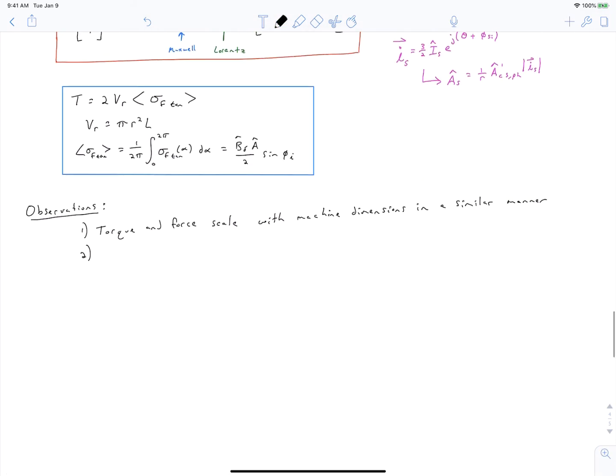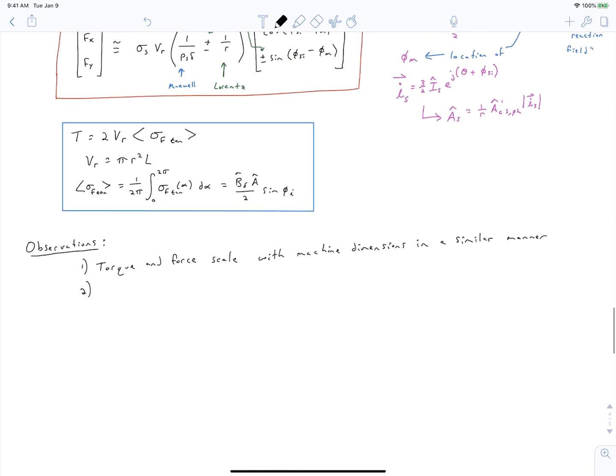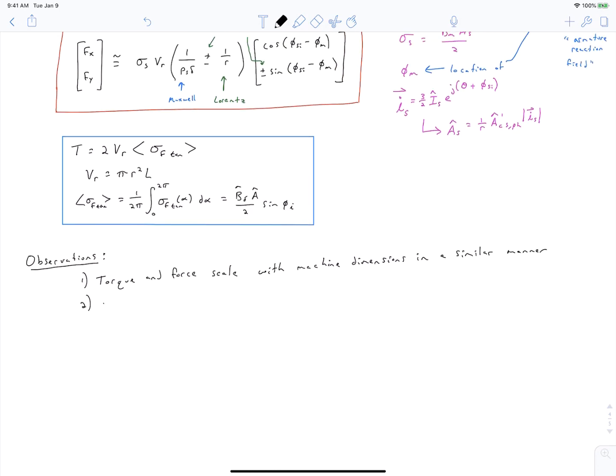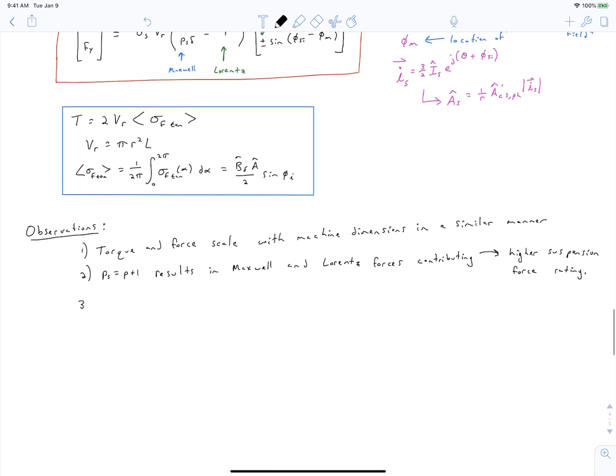The second observation is that machines with PS equals P plus 1 pole pairs will have larger suspension force ratings. The caveat to this is that notice that your Maxwell forces will actually decrease as you increase the number of suspension pole pairs.